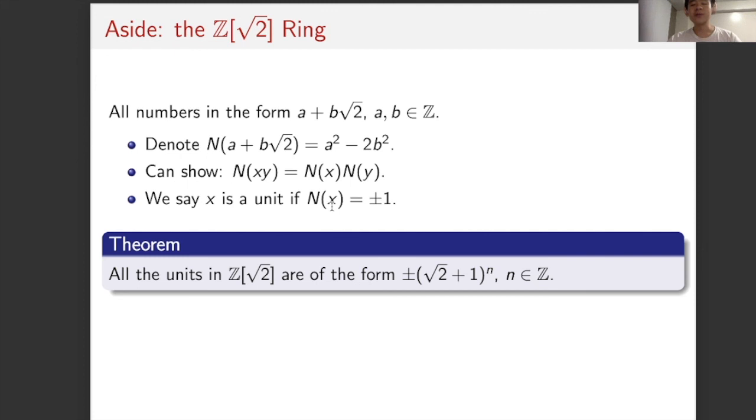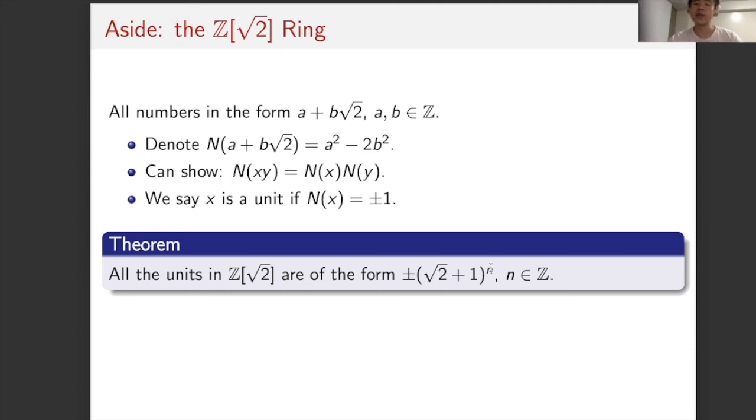Now, there's one theorem which I recall proving as one of my first year math homework, Math 145 from U Waterloo, that all the units are in this form: plus minus the power of square root 2 plus 1, where the power n can be basically any integer, negative or positive.